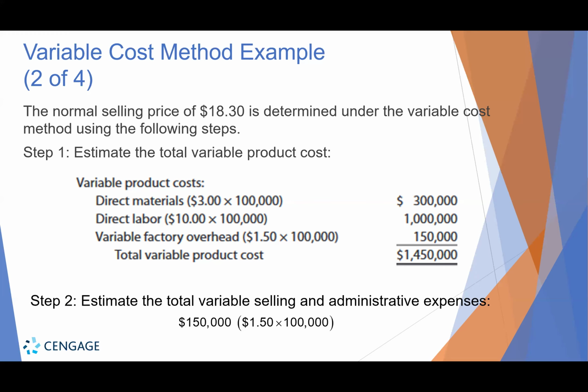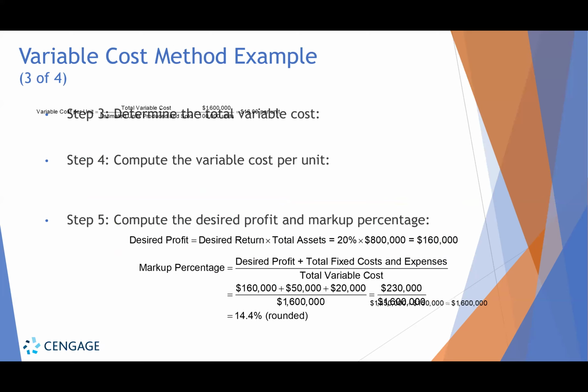We have that at $150,000. So we've got our direct materials, our variable direct labor, and our variable factory overhead. And then from there, we come up with our variable cost of $16 a unit.